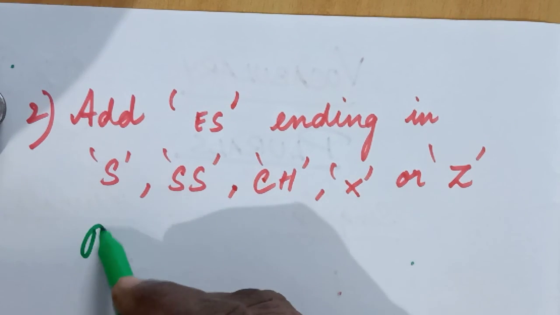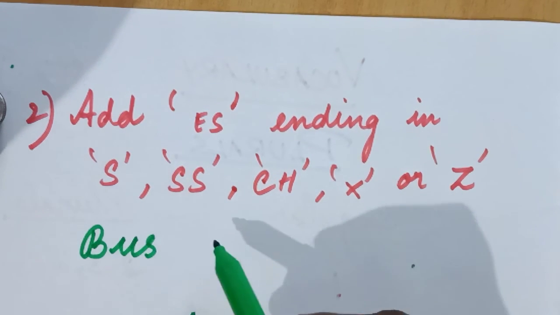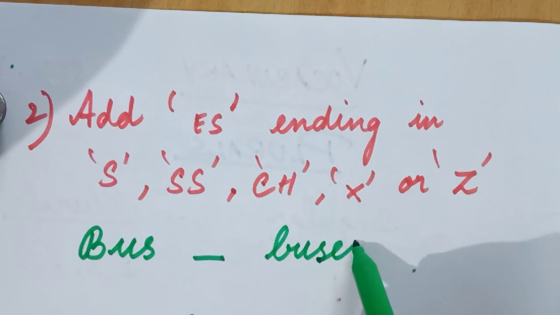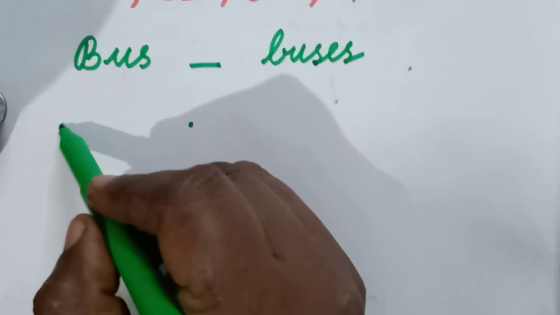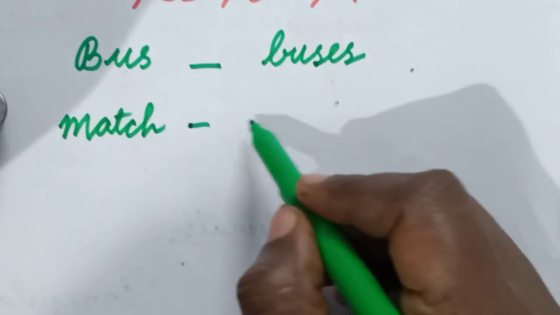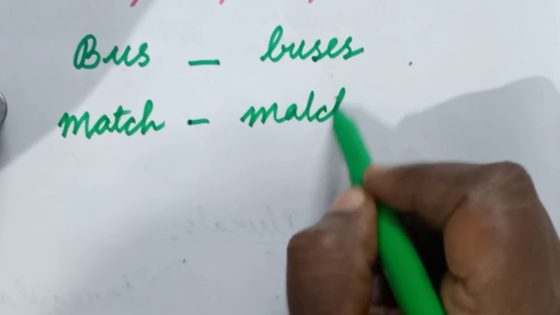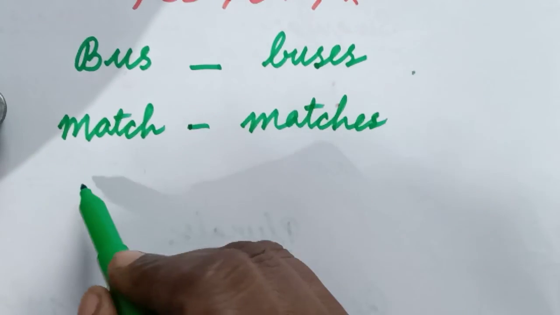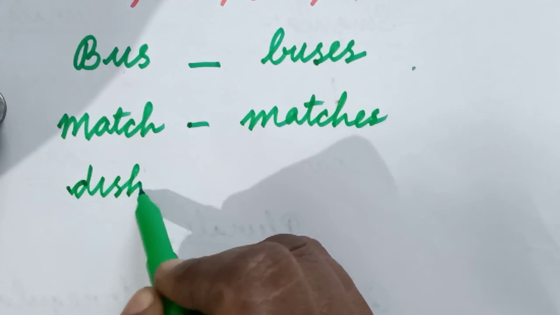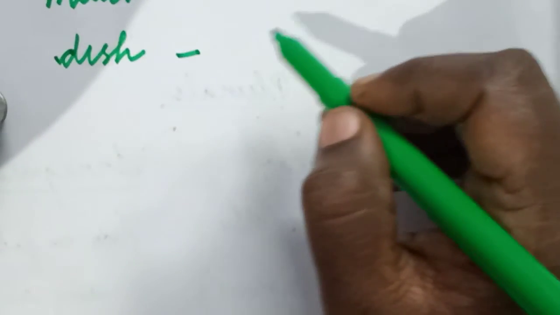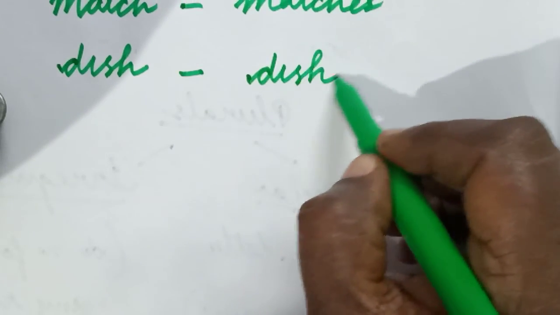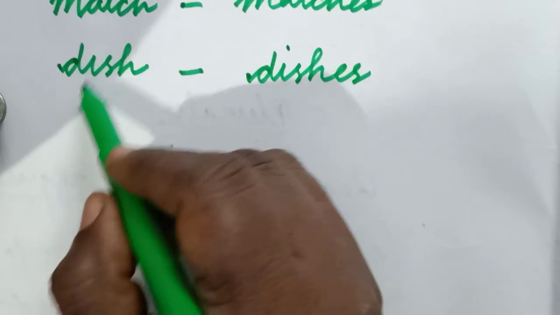For example, you can see bus. How will you write the plural form? Buses. Okay. Next one is match. Matches. Okay. Next one is dish. Dishes. Okay.